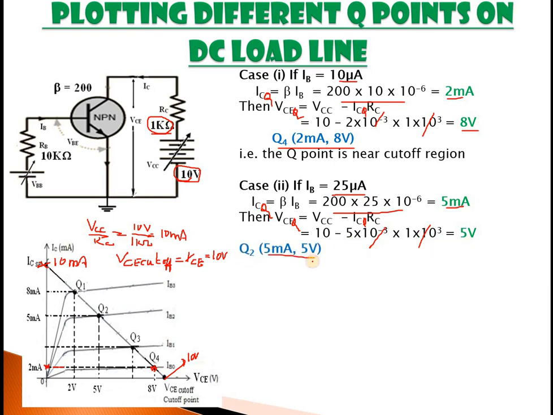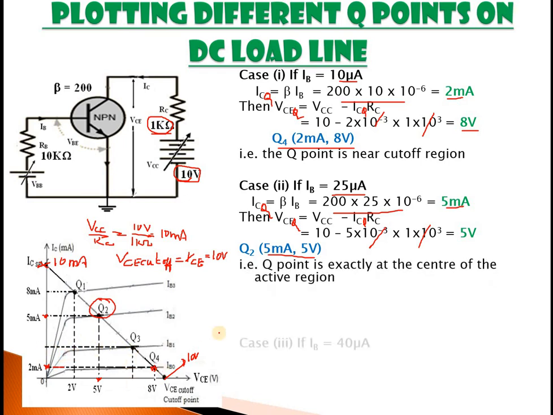Then 5 milli and 5 volt, from 10 it is exactly half. So if I take these two, I will get another Q point here. This calculation, we will see what this value is later. Now I can say that the Q point in the first case is near cutoff. If the Q point is here, it is cutoff, but the Q point was here in the first case, hence I can say it is near cutoff. Whereas in the second case, it is exactly at the center of the active region.